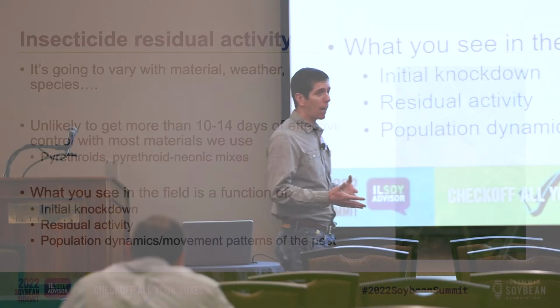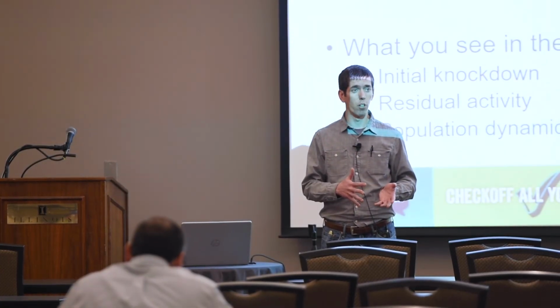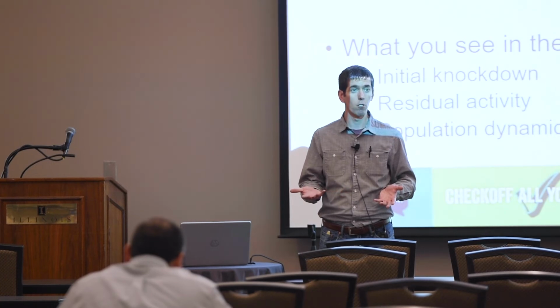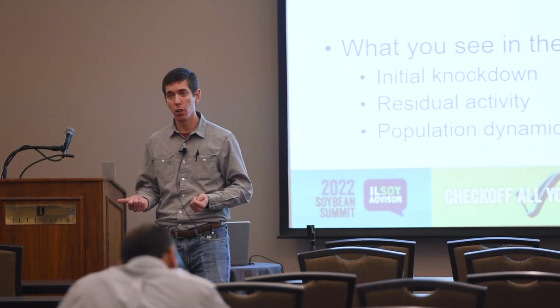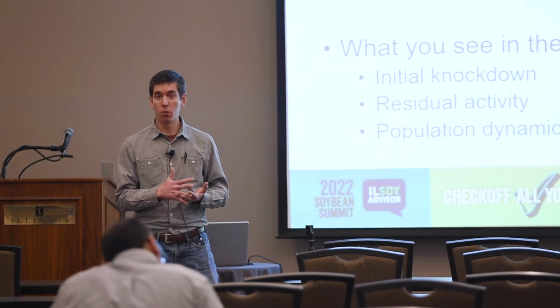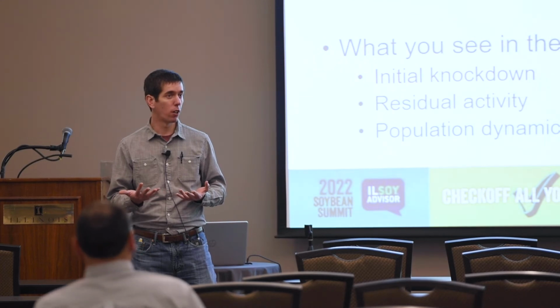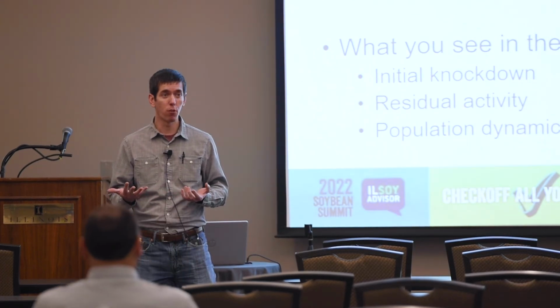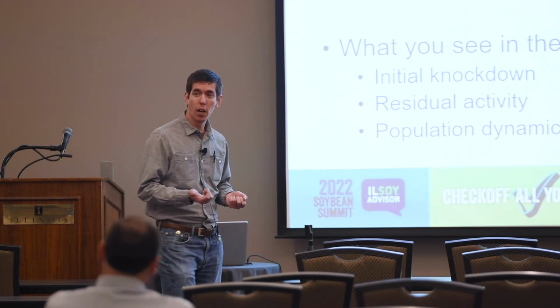The question you've got to ask yourself is, am I going to have this issue show up in the next 10 to 14 days? That's the sort of window that we're talking about here. So for instance, if you're putting one out at R3 and this is a preventative application, the chances that you're going to have something come in the next 10 to 14 days after that, pretty slim if it's not there already.